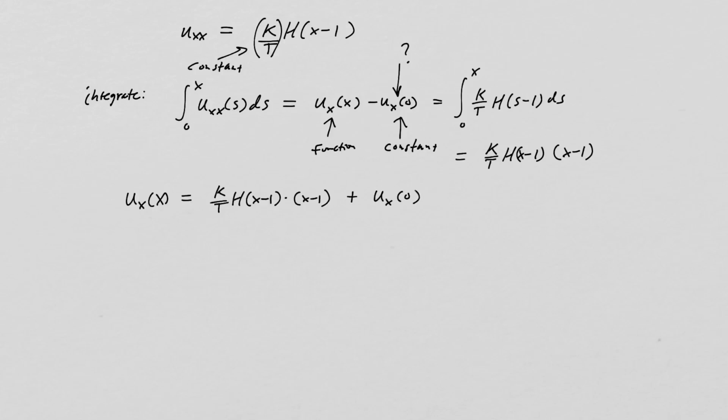So this constant here behaves essentially as a constant of integration, and we're going to determine it via boundary conditions. But we're going to leave it in the problem as a constant right now. We don't have to worry too much about that. The next step, of course, is to integrate again.